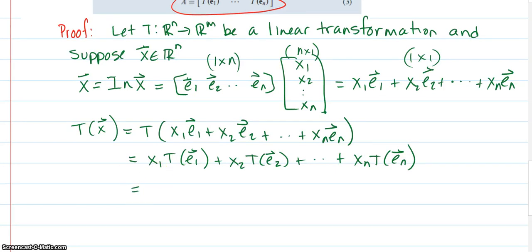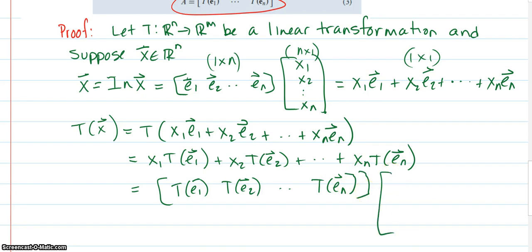We saw above that this is really just T of e1, T of e2, dot, dot, dot, T of en, times the same x as above. This is a 1 by n, and this is an n by 1. So the answer should just be a 1 by 1, which is what this is right there.